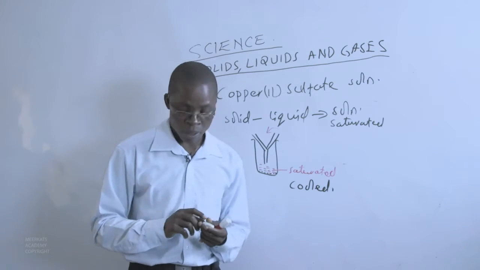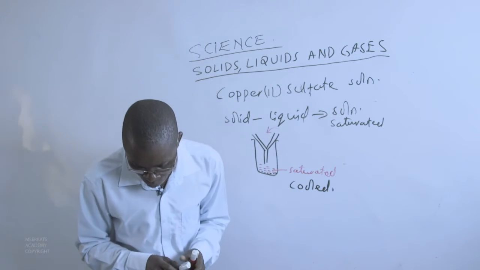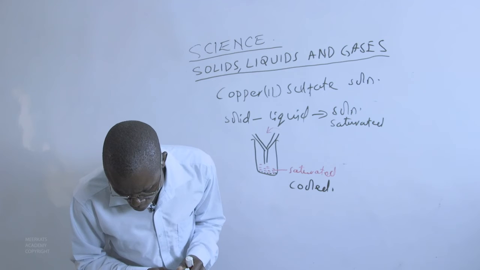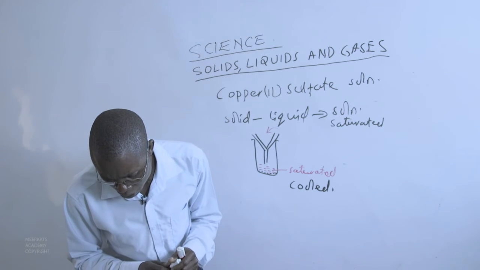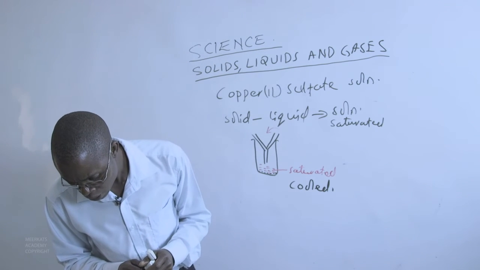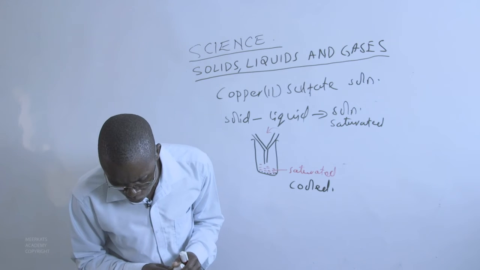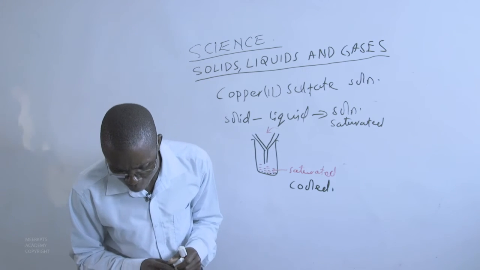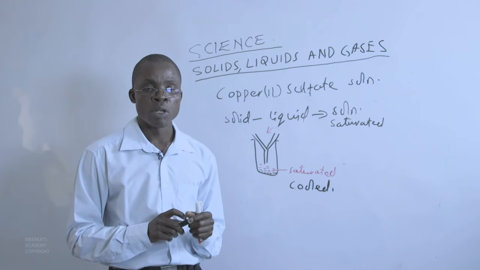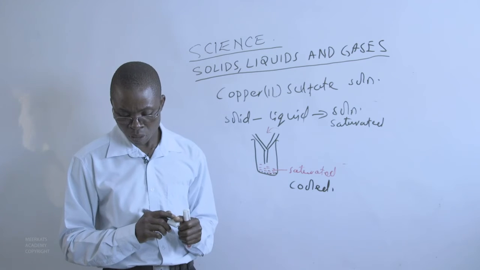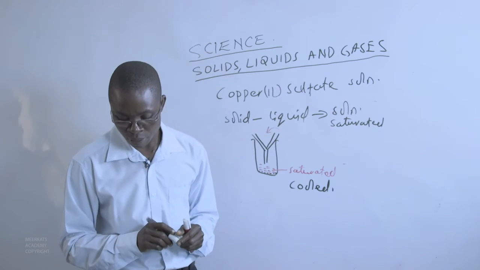The fourth condition is when a saturated solution of copper 2 sulphate is made, no more copper sulphate will dissolve at that temperature.